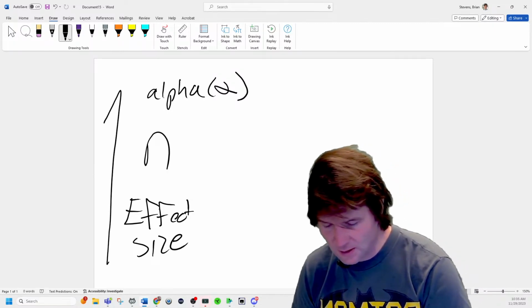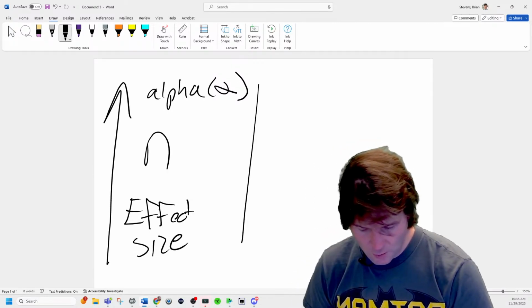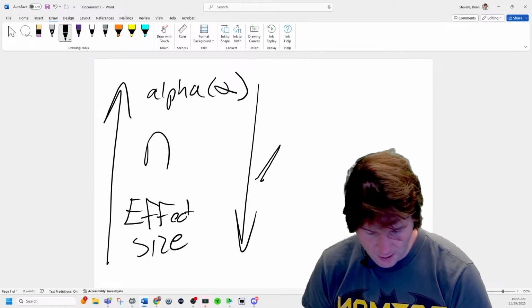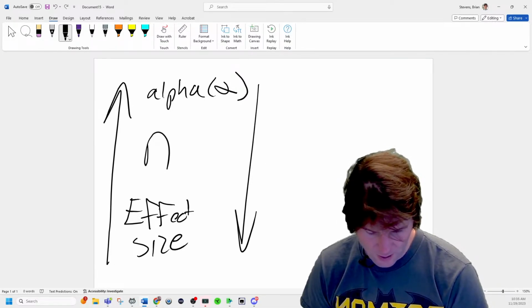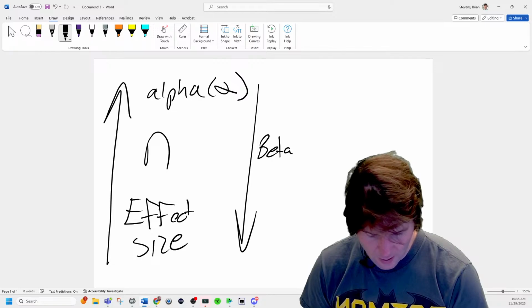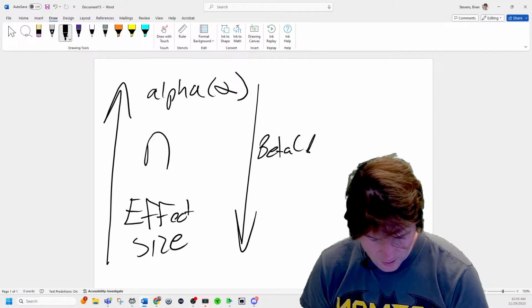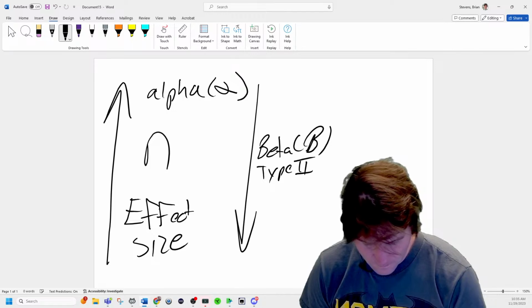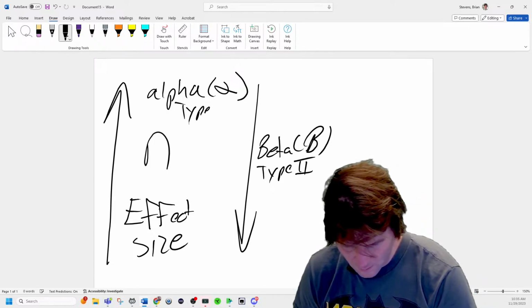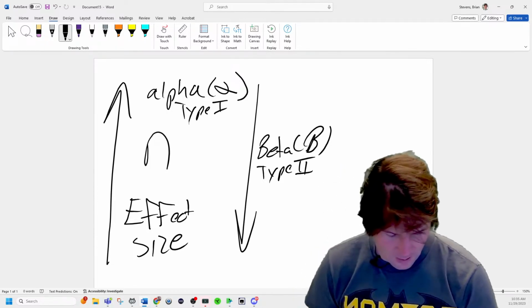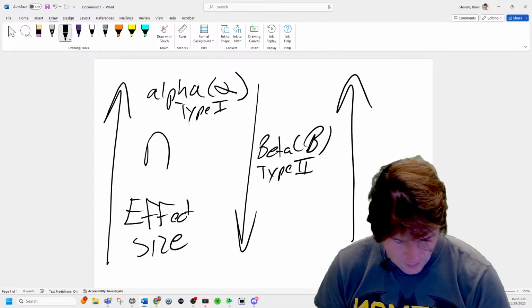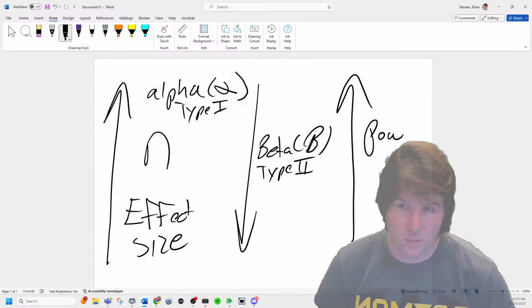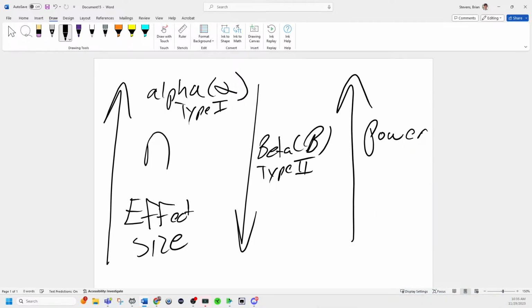And if these increase, they will decrease beta. Beta, which is type 2 error. And what they then increase is power, which is 1 minus beta.